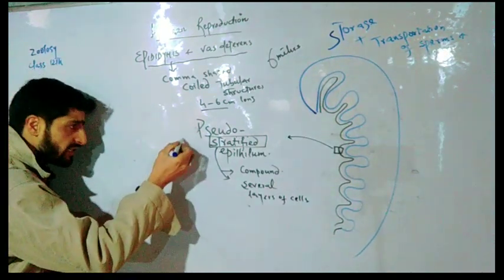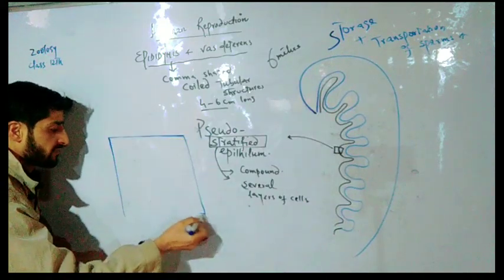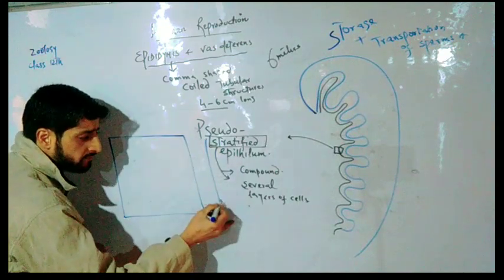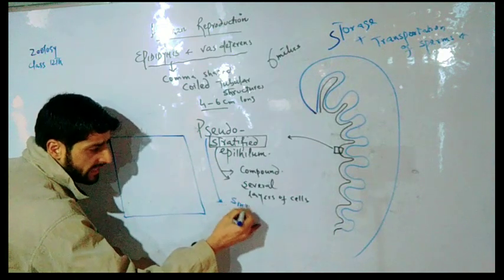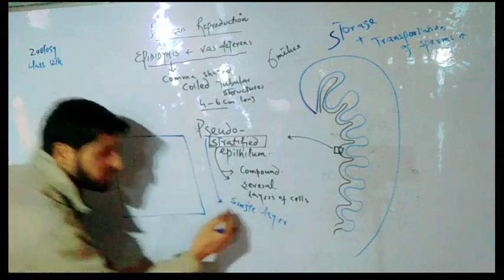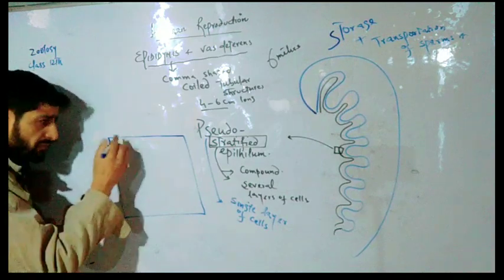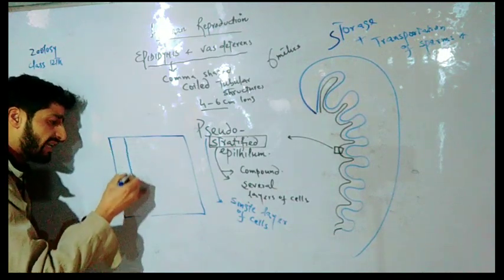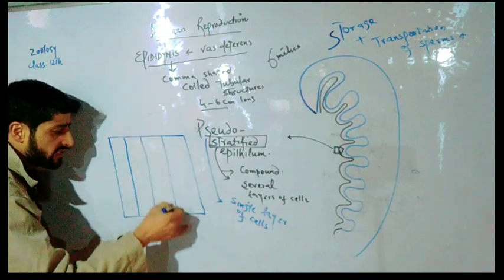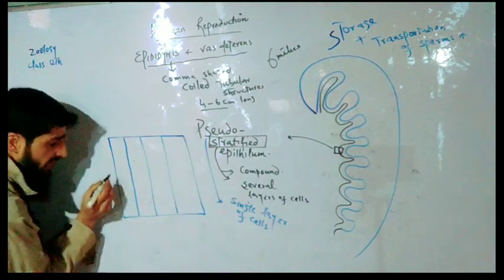When I say pseudostratified epithelium, the diagram looks like this. Pseudostratified epithelium is made of a single layer of cells. But this epithelium appears to be multi-layered due to the presence of two different types of cells.